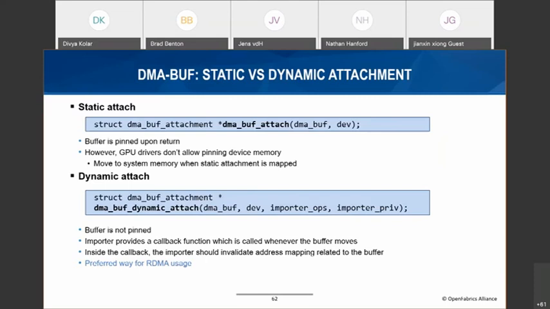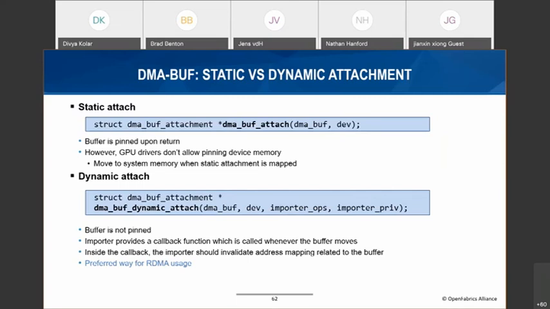However, almost all the upstream GPU drivers don't allow pinning device memory. So what exactly happens with the static attachment is the driver will move the buffer to the system memory. That's not what we want for the RDMA. We want the direct DMA from the device memory.